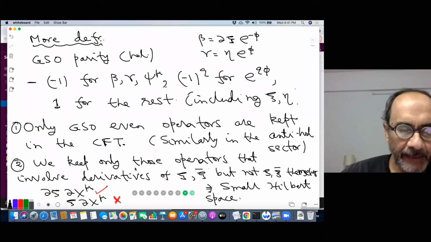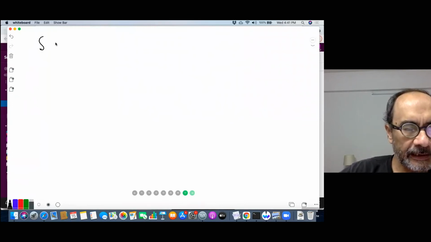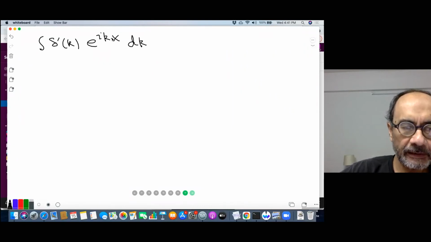X mu we can think of in a somewhat limiting sense. You have e to the i k dot x. If you take the integral of delta prime of k e to the i k dot x dk, let's say in one dimension, this is roughly like x, because you just do integration by parts, bring down i k x, and then set k equal to 0.